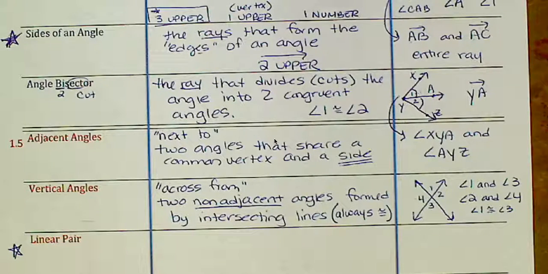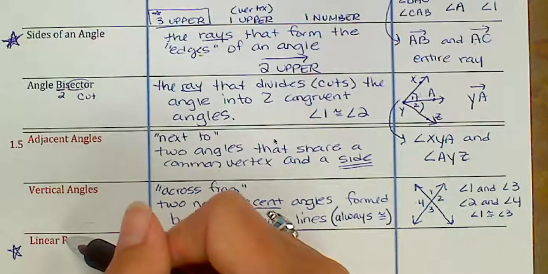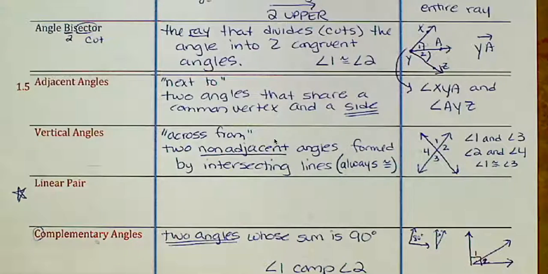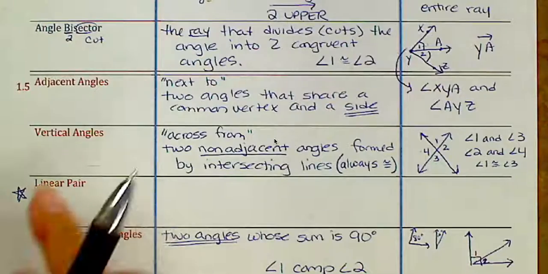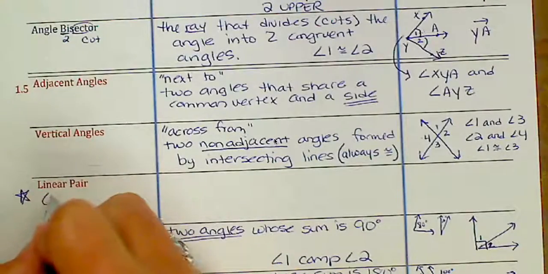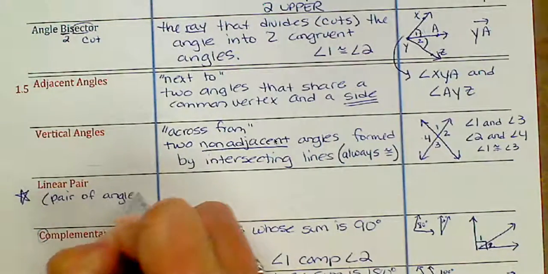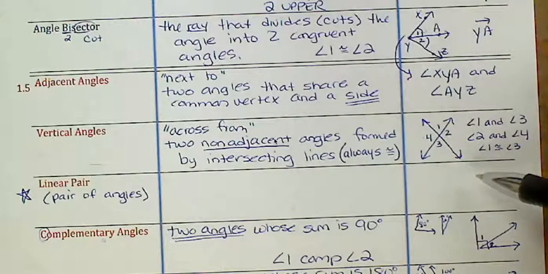And the last one in the section is the most challenging one, I think, because it doesn't have the word angles. They see a linear pair and don't see angles plural, and I get a lot of students that name one thing. We are still looking for a pair of angles. So it's still like these others where you're naming two together.